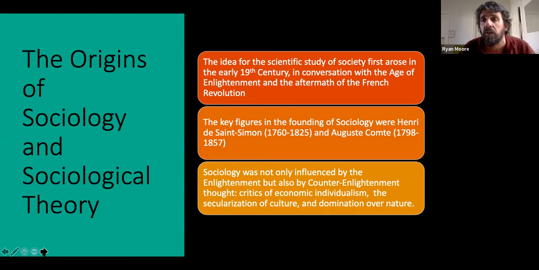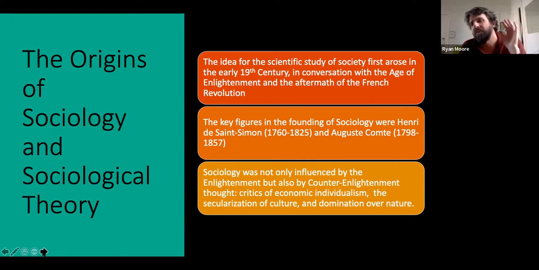The two key figures who are mentioned in Randall Collins's book, The Discovery of Society, and who are typically thought of as key founding figures in sociology are Saint-Simon, Henri de Saint-Simon, pardon my French, I'm sure I'm saying these people's names wrong, and Auguste Comte.